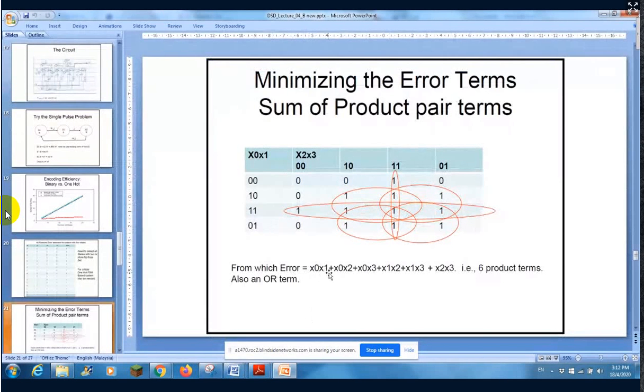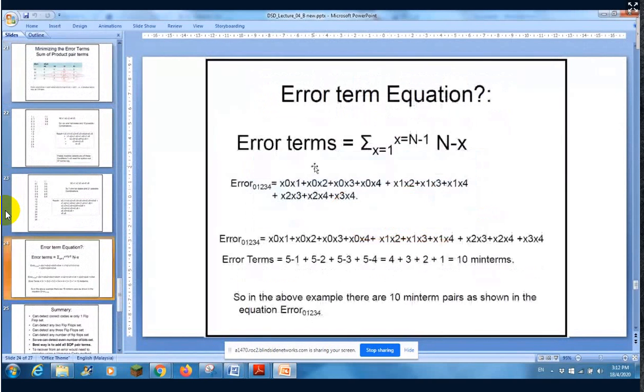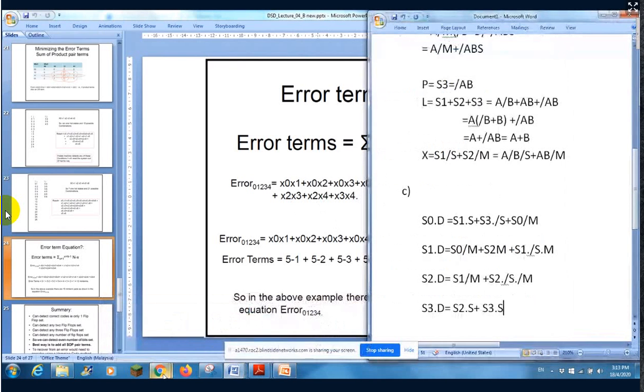So the error is S0 S1, S0 S2, S0 S3, and so on. The error term is a summation over x equals 1 to n minus 1, of n minus x. For example, if you have 5 terms, you have S0 S1, S0 S2, S0 S3, S0 S4. Then you repeat 1 2, 1 3, 1 4, 2 3, 2 4, and 3 4. Same here for this question.